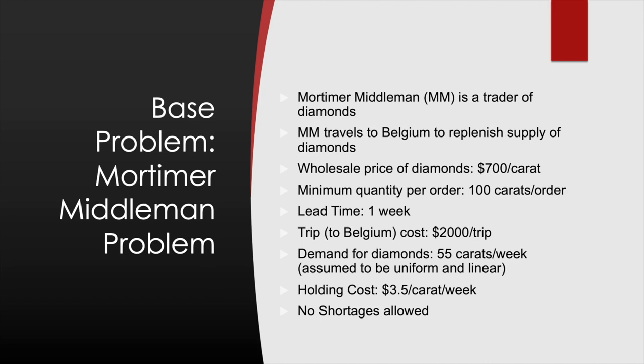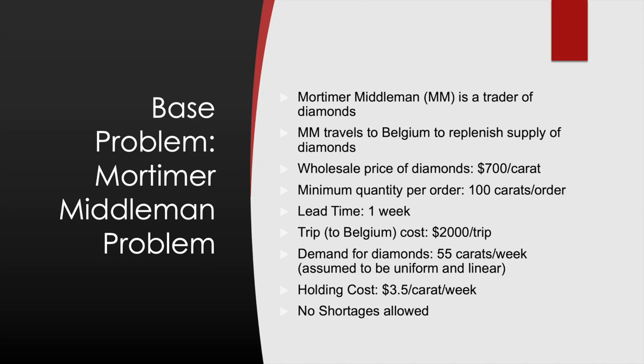What is lead time? Lead time essentially is the time between Mortimer Middleman wanting to order or ordering and actually receiving the order. Just to give an example that is probably more relatable, Pizza Hut delivery has a lead time of 30 minutes.